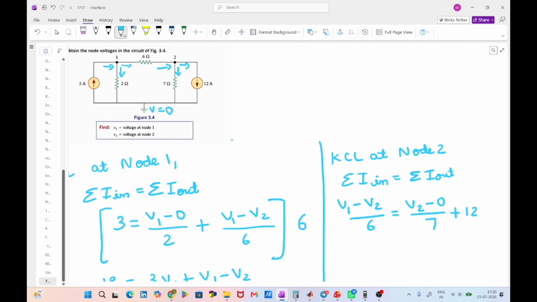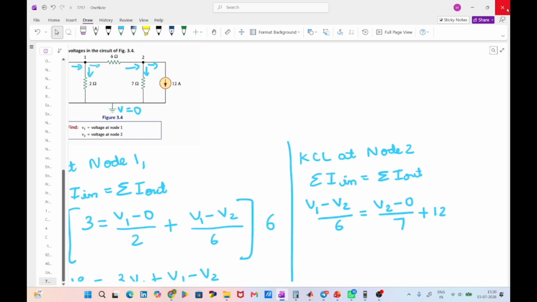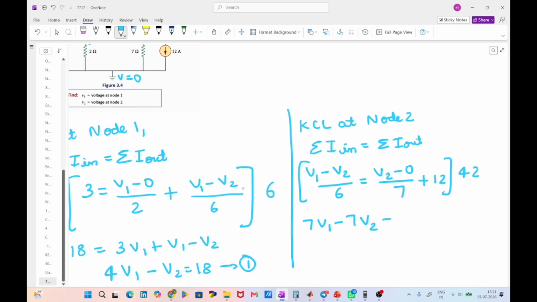Here we need to make the denominator 1 as well. For that, multiply by 42. We know that 6 sevens are 42. It will become 7V1 minus 7V2 is equal to 6V2 plus 12 into 42.